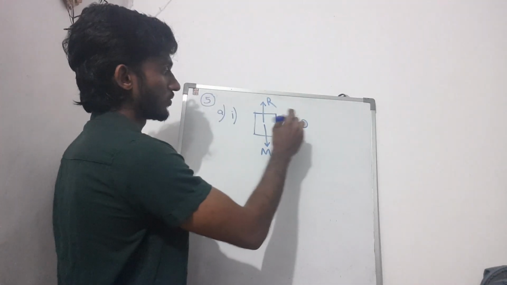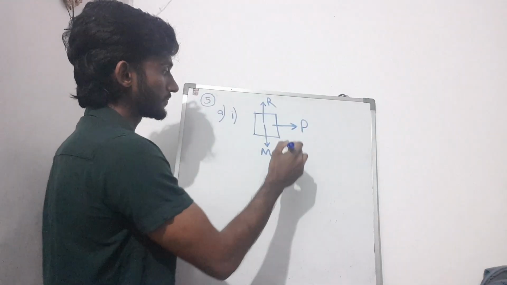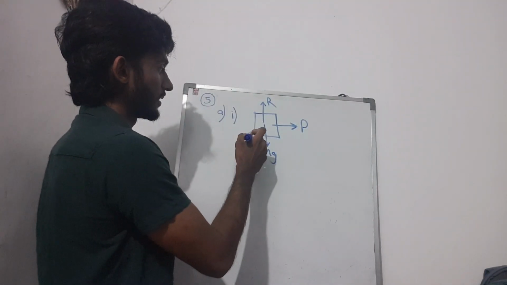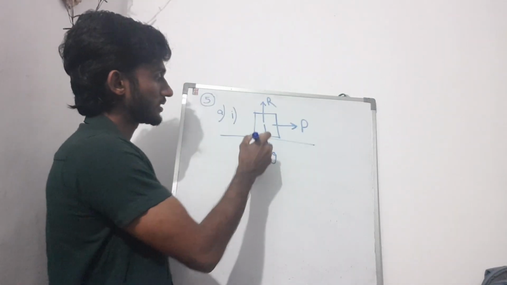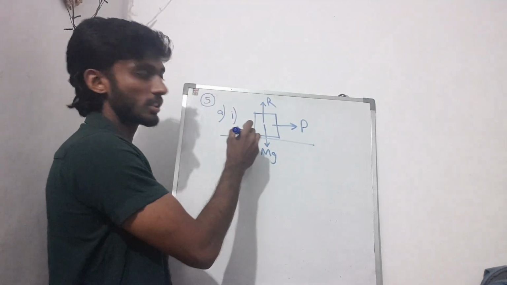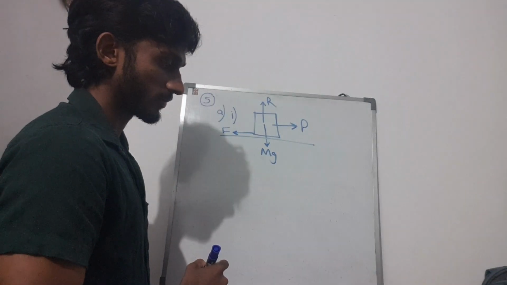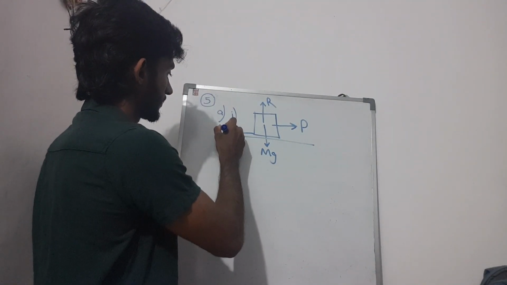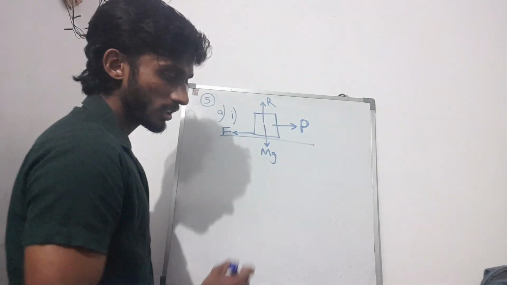If the force is applied in this direction, the friction force is applied in the opposite direction of the P. This is the friction. This is the horizontal force on the block.